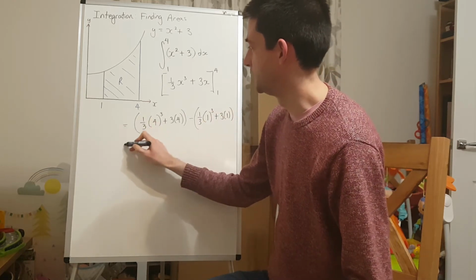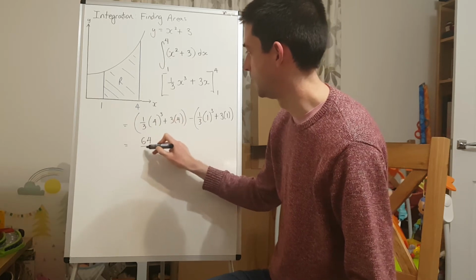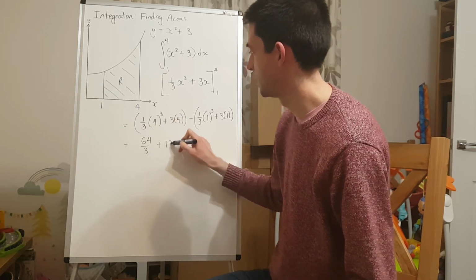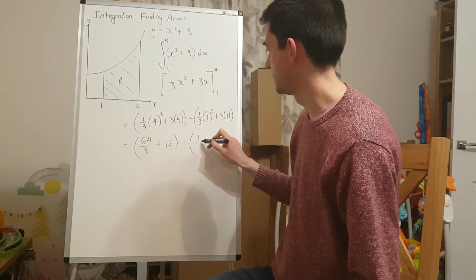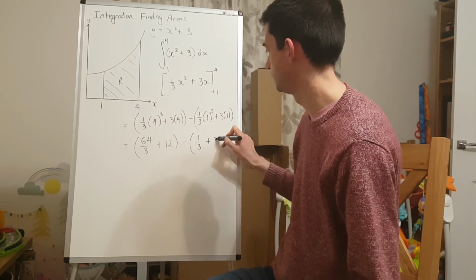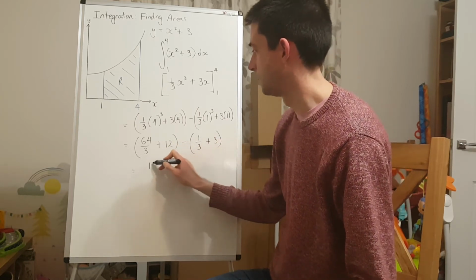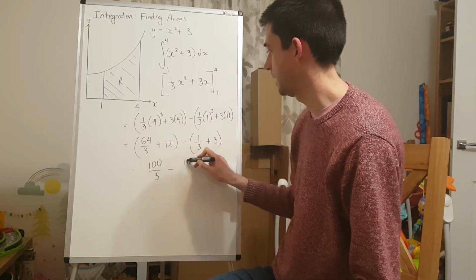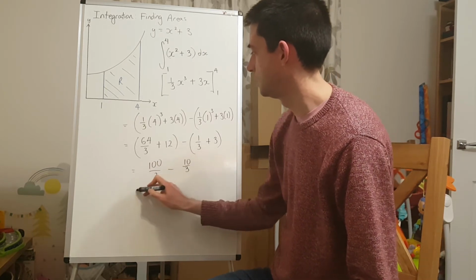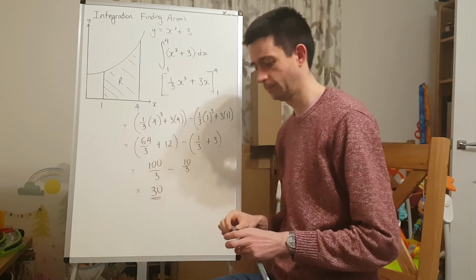Now, your calculator will do this for you, of course, but I quite like to do each term. So we've got 64 over 3 plus 12. Subtract 1/3 plus 3. So what we have here, we have 100 over 3, take away 10 over 3, 90 over 3, which is 30.